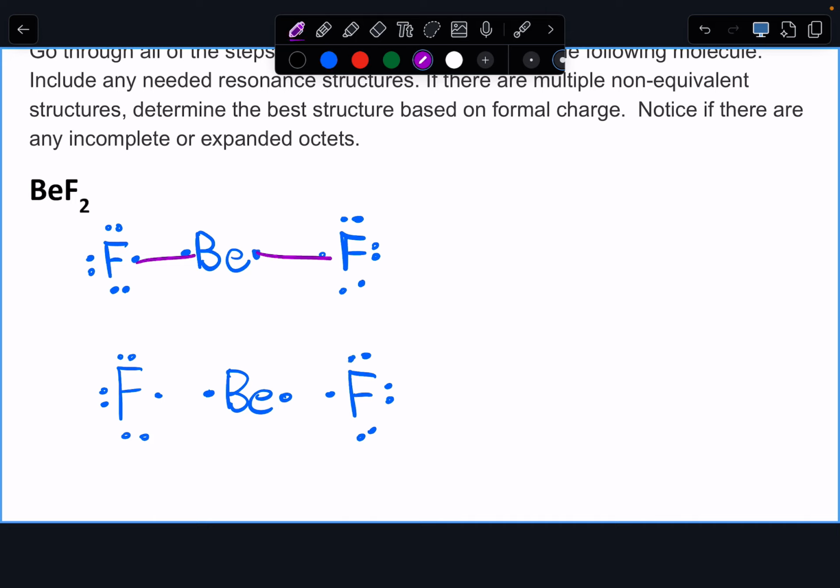You draw the bonds, and then you're like, well, beryllium's octet isn't satisfied. It only has 4 electrons surrounding it. So I'm going to give an electron from each fluorine to beryllium. This is not really what happens, but I want to play devil's advocate for a minute.